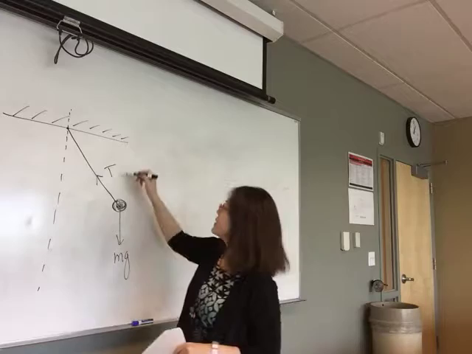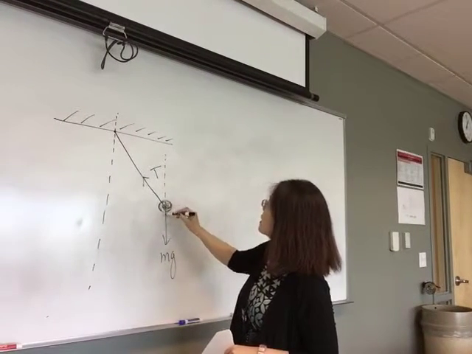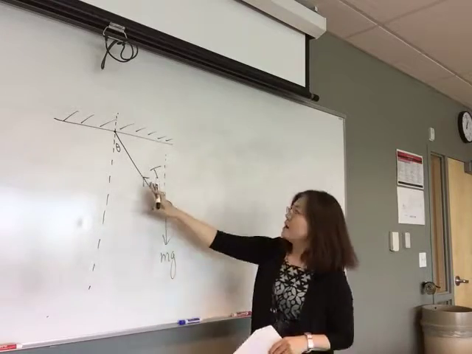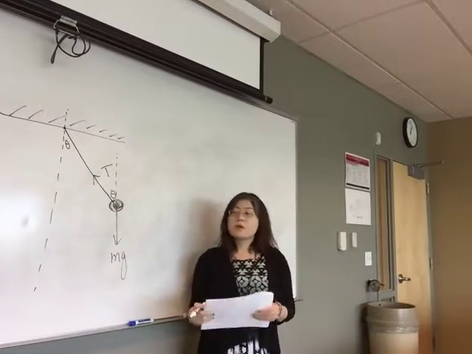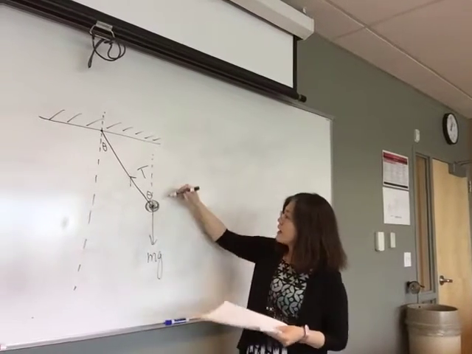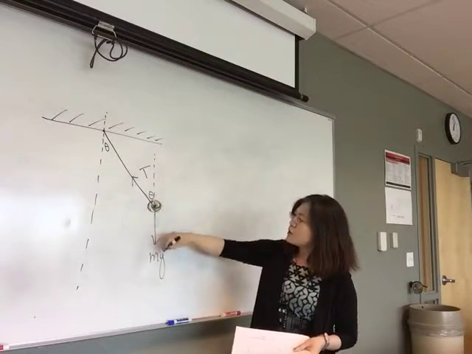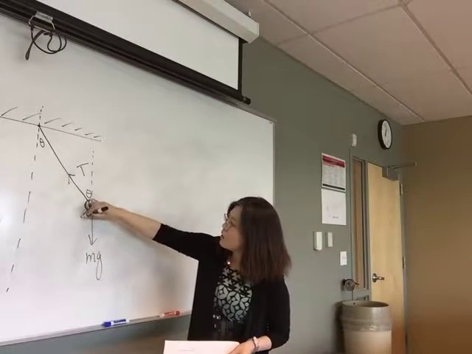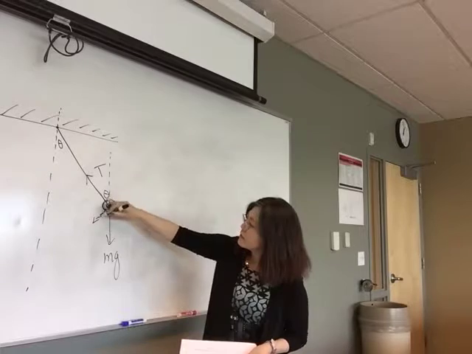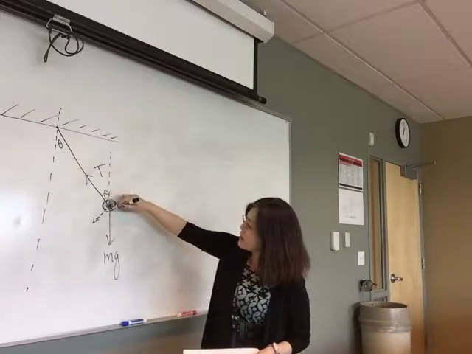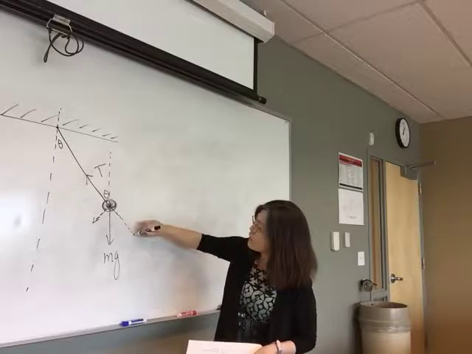Let me draw a reference line here. Let's say this is your angle theta, in reference to the vertical line. We can resolve your mg into two components. One is along the direction of the string, and the other is tangent to the circle.